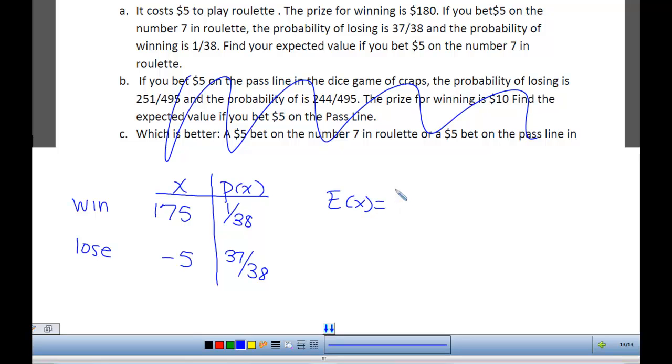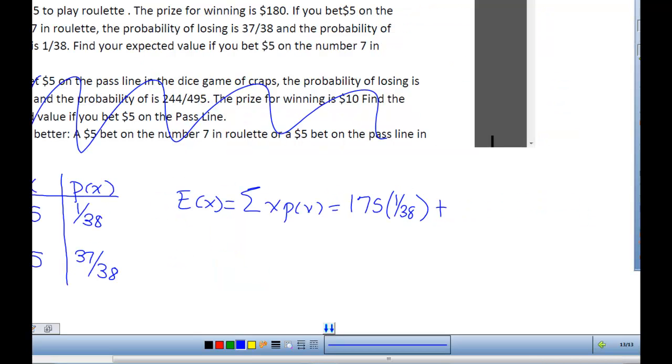In this case, it's almost just as easy to do it by hand. Remember, it's just the summation of x times p of x. So we're talking about 175 times 1 over 38 plus negative 5 times 37 over 38.